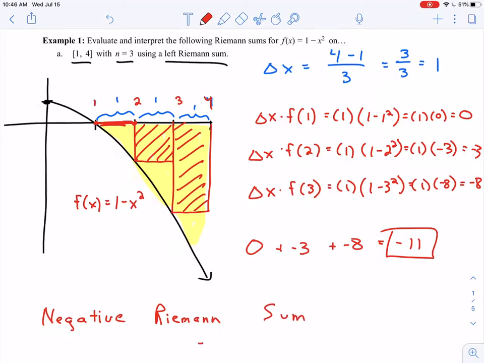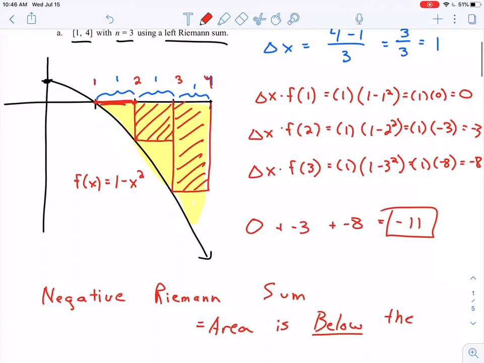Most of our area is actually below the x-axis. So our Riemann sums are going to count area below the x-axis as negative.